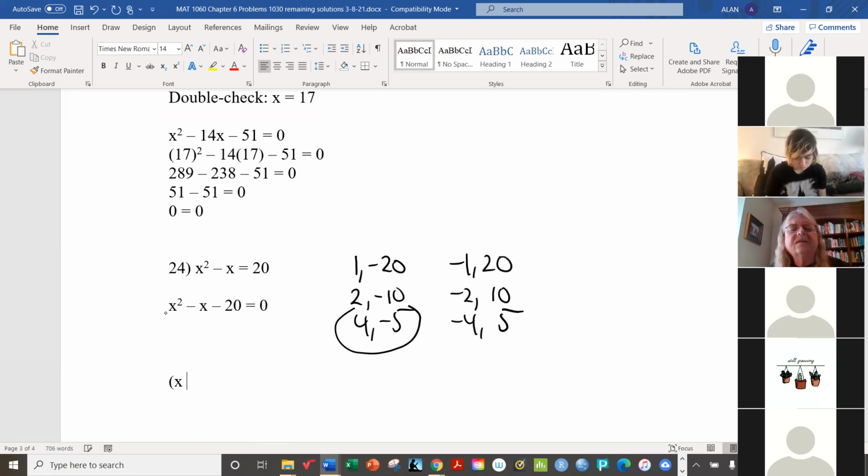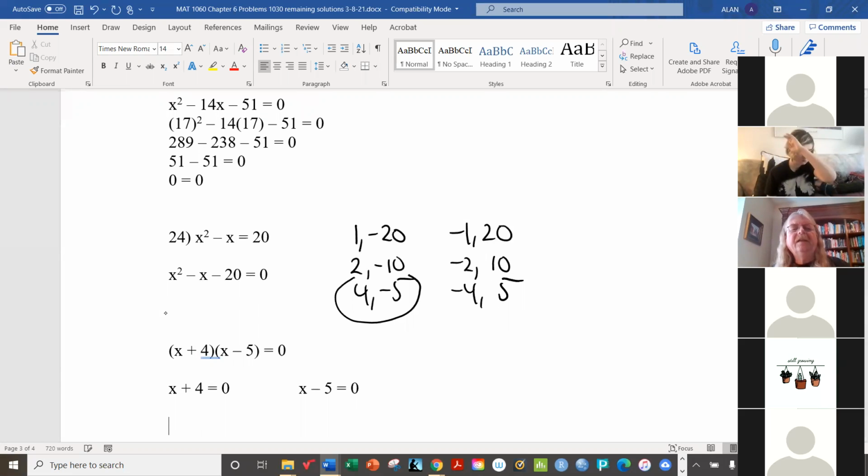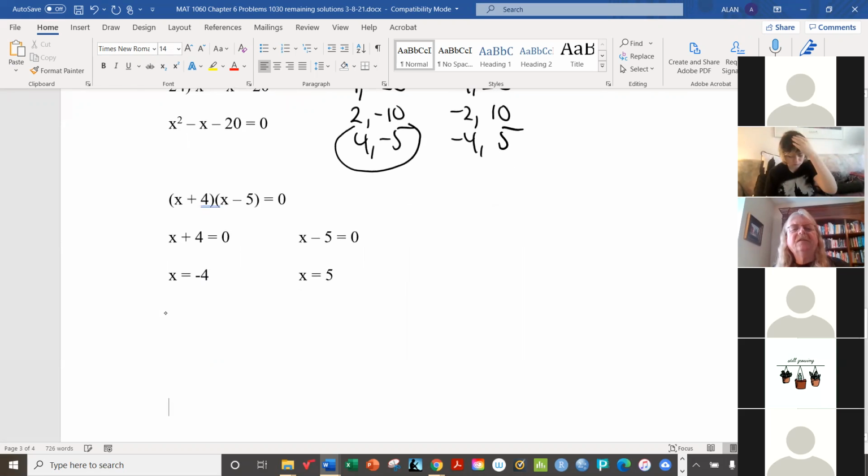So it must be the case that x plus 4 times x minus 5 equals 0. That in turn means that x plus 4 equals 0 and x minus 5 equals 0. Therefore, the solutions are x equals negative 4 and x equals 5.